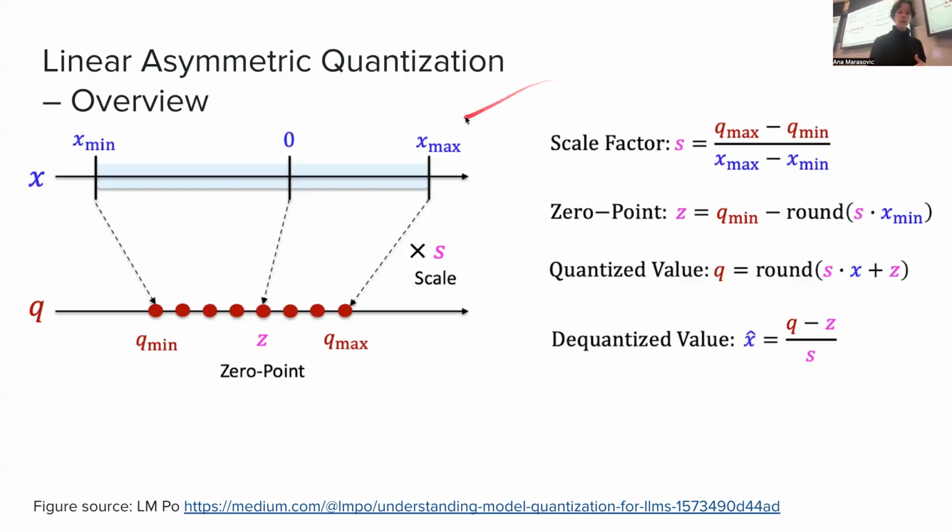Given all the numbers in the weight matrix within this interval, we are trying to map each one of them to a limited number of discrete integer values.